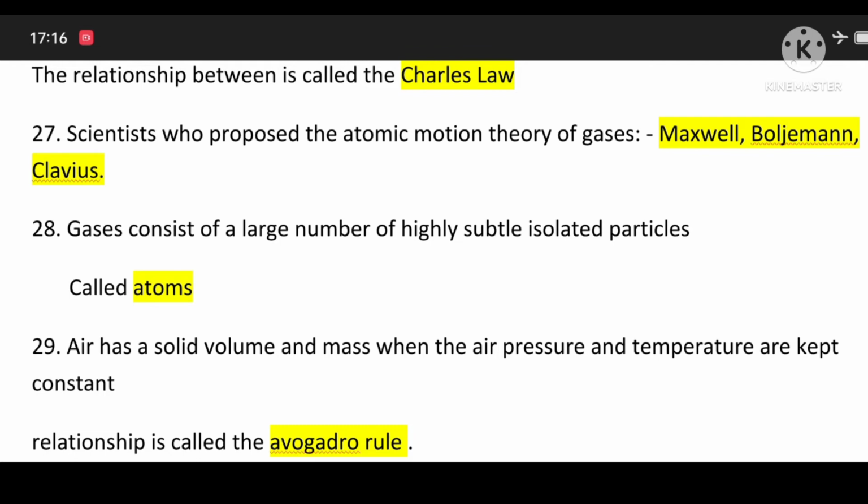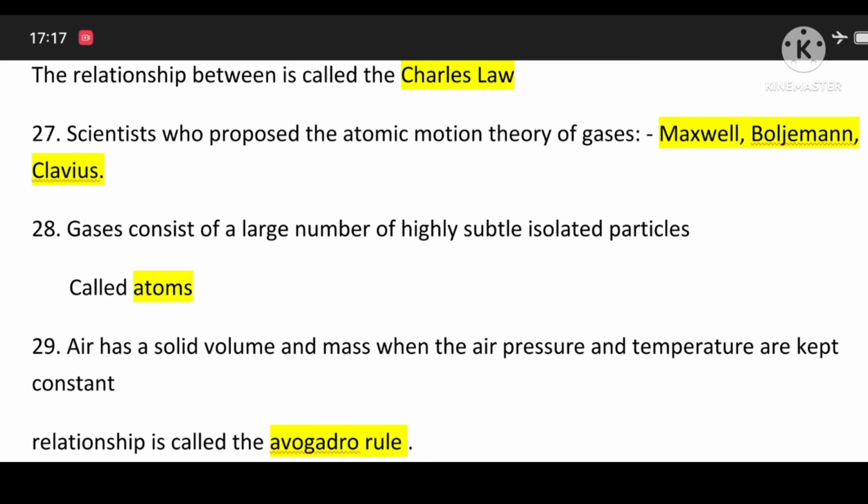Number 28. Gases consist of a large number of highly tiny isolated particles called atoms.